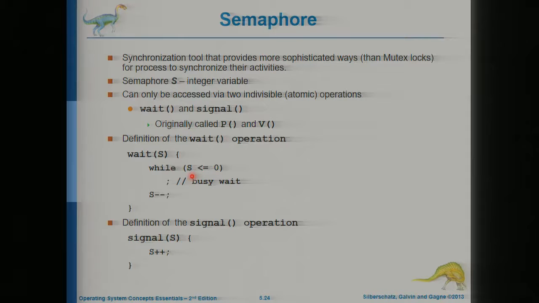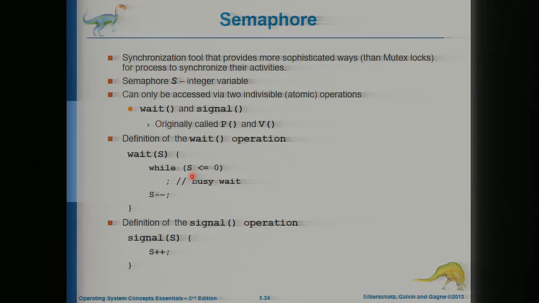So we increment the semaphore S by 1. This way we are telling other processes who are waiting for that resource that it is available, because the while loop becomes false for that process and it acquires the resource and decrements the semaphore again. So this way you can use it as a binary semaphore or as a counting semaphore.